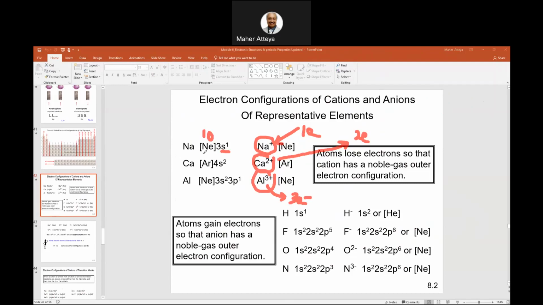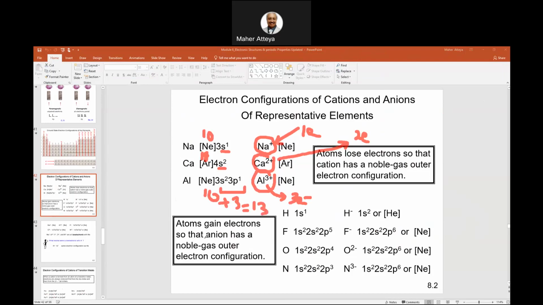Calcium is 20, so this is 18 plus 2. And aluminum is 10 plus 3, which makes 13. Aluminum as an atom has a total of 13 electrons.